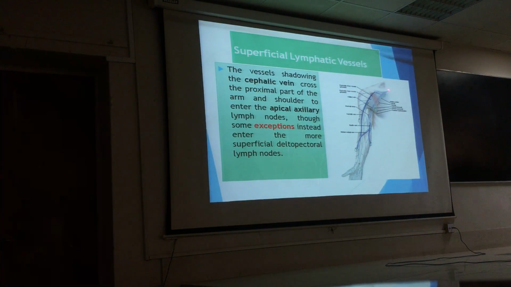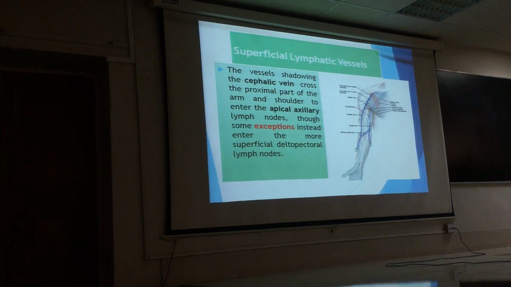If you remember, this is the collarbone, the clavicle. And below it there is a groove which we call the deltopectoral groove, and underneath it was the deltopectoral triangle. Over there a set of lymph nodes lie, and we call those the deltopectoral lymph nodes.